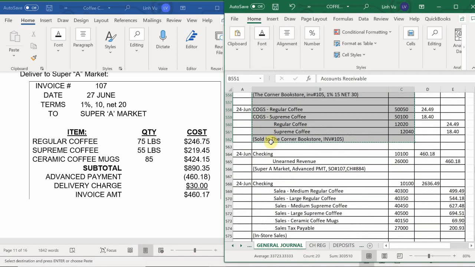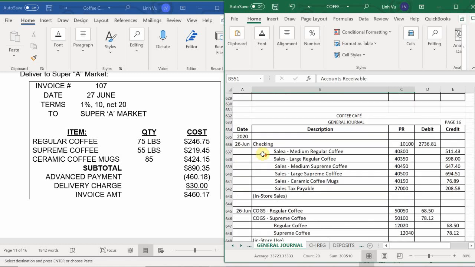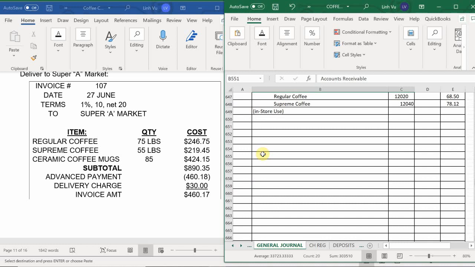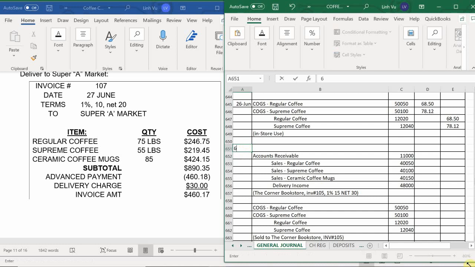And then my question is, when we received the advance payment, we credited unearned income. So in this case, to take it out of that account, we need to debit it? That's correct. Now we need to apply our unearned revenue, because that's the customer deposit.